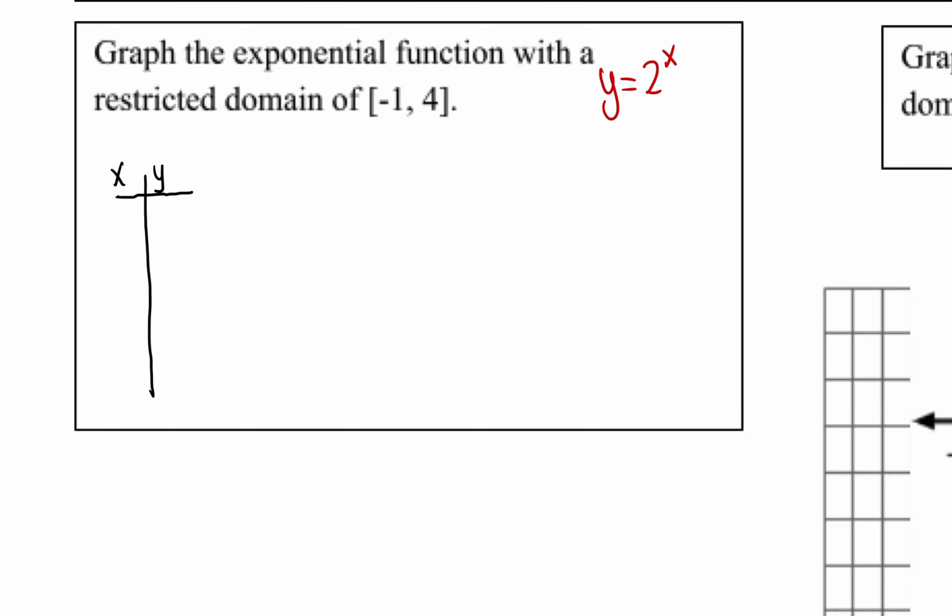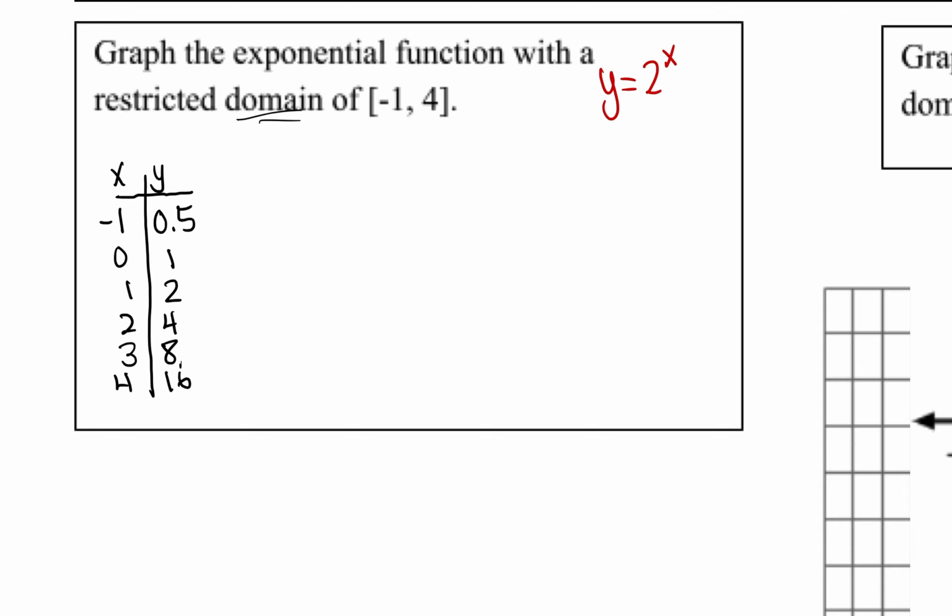So this is my x, this is my y, and this is going to leave me with -1, comma, 0.5, 0, comma, 1, 1, comma, 2, 2, comma, 4, 3, comma, 8, and 4, comma, 16 when I click on the table of values. But keep in mind, even though you can go to x equals 5, x equals 6, and so on, you want to stop right here. This domain is restricted between x equals -1 and x is equal to 4.